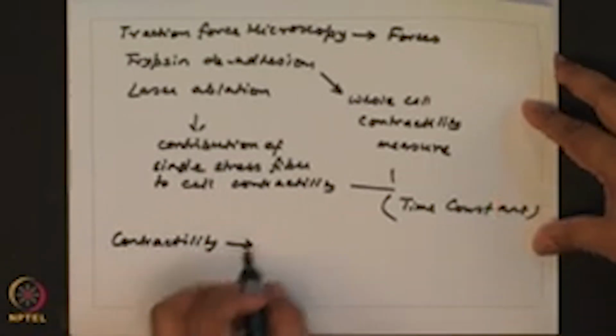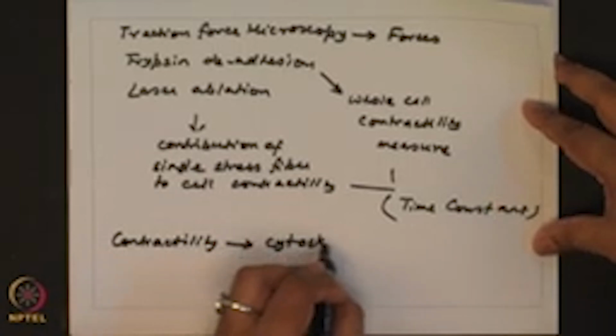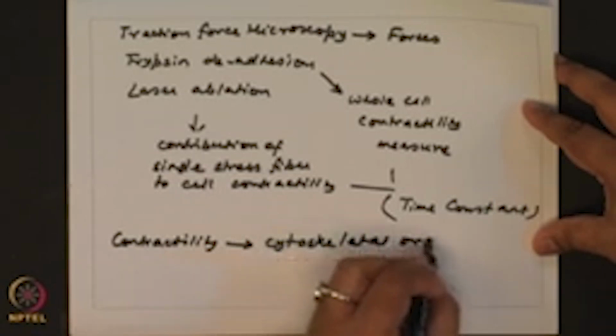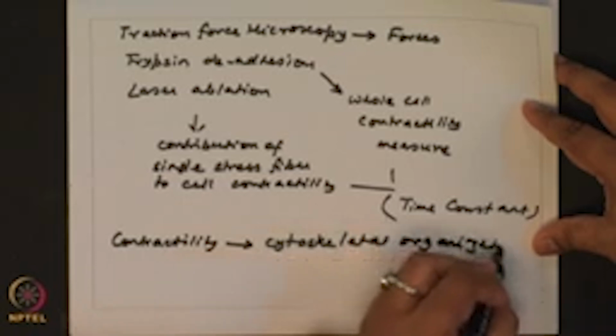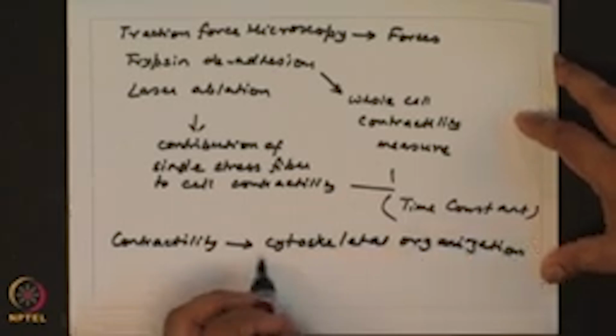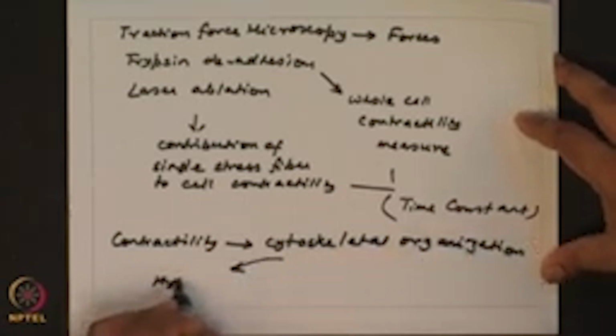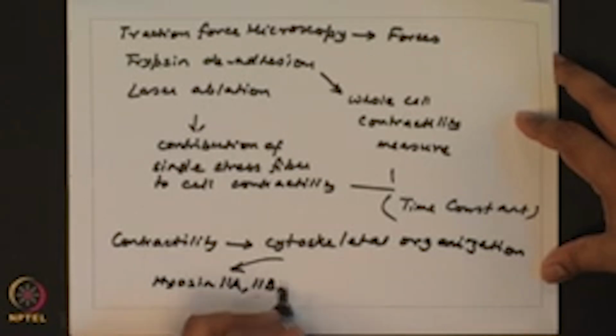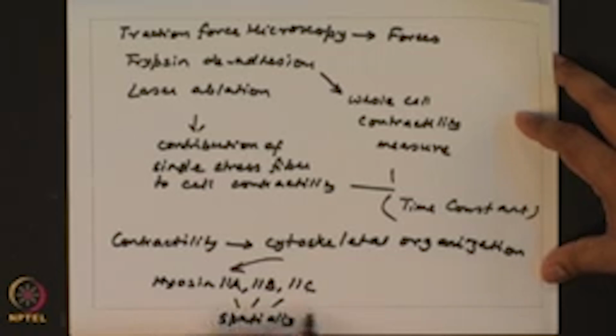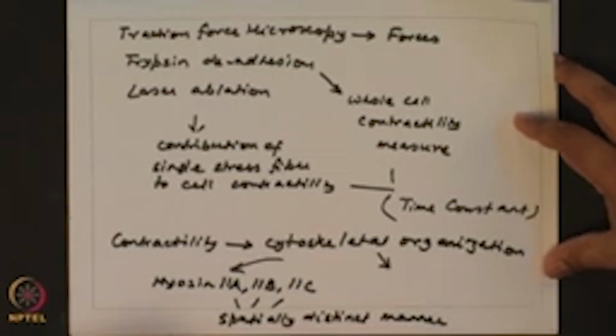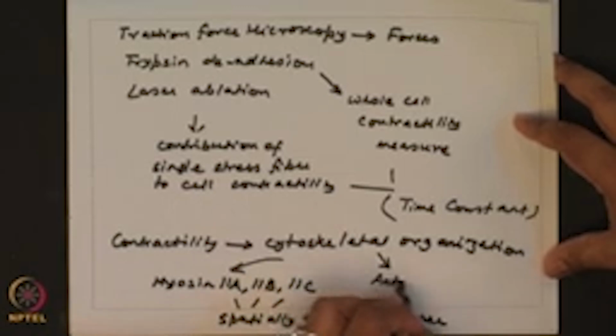contractility is dictated by cytoskeletal organization. And when I say cytoskeletal organization, I am talking about myosin motors. In non-muscle cells, you have 2 or 3 different isoforms of myosin: 2A, 2B, 2C. These localize in a spatially distinct manner. Cytoskeletal organization is also dictated by actin binding proteins.